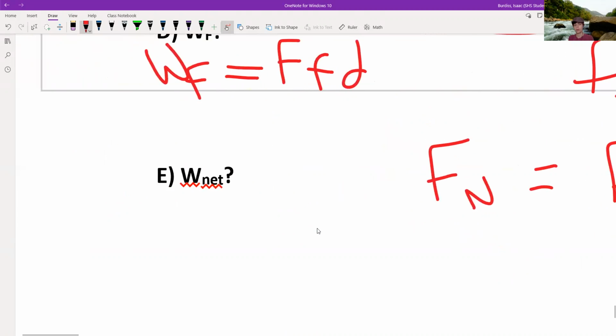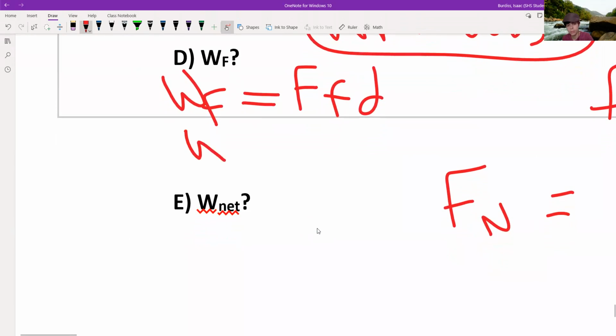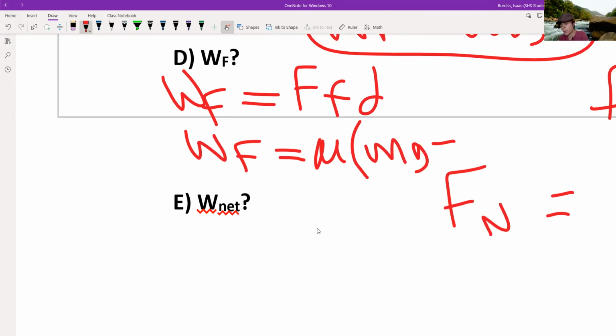So now we go back to this, and so we have to do the mu times the normal force, which is the gravity force minus Fpy. So you have to do the Fp with the sine component of it.